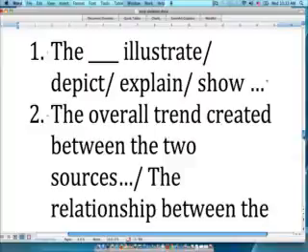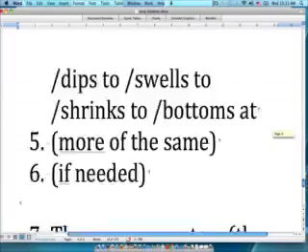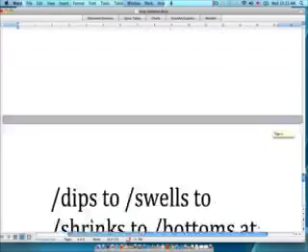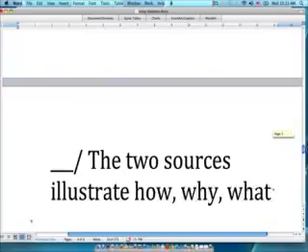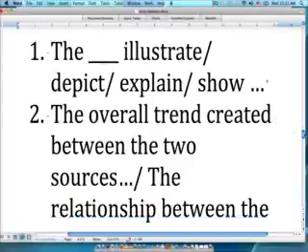So what I've done here is, as you can see on the left-hand side, there are some numbers, 1, 2, and it goes all the way down to, I believe, number 9. And each of these numbers is referring to a sentence within your Task 1 response.